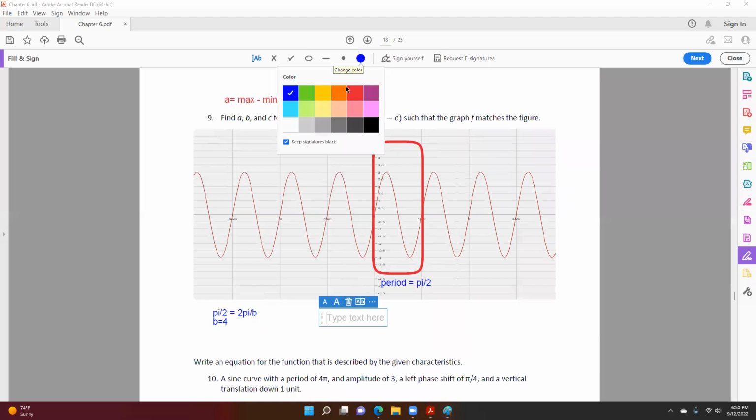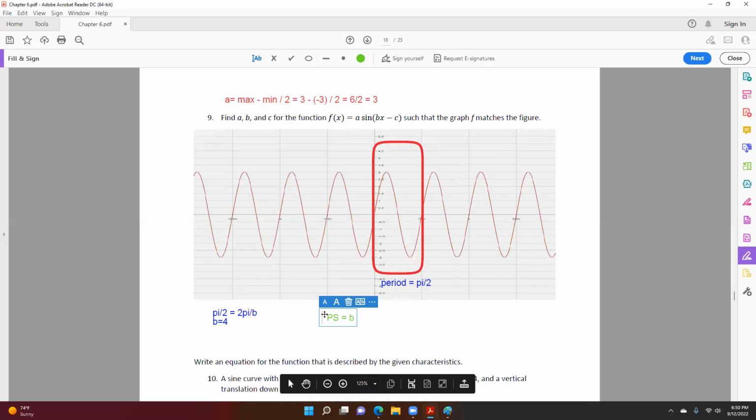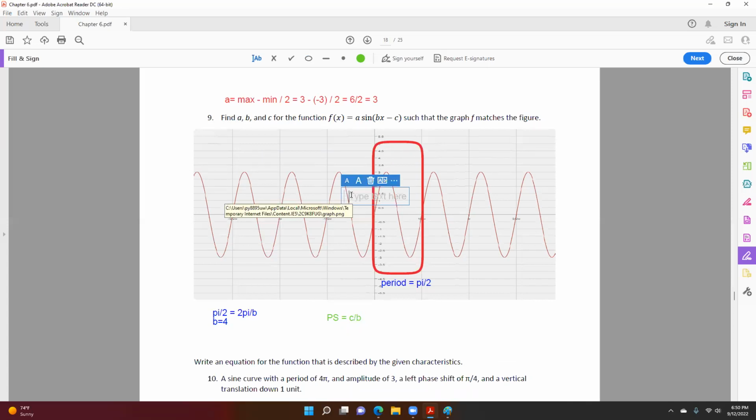The next thing we're going to talk about is phase shift. Phase shift is based on C over B. The good news is we know B. B is 4, so we need to figure out C. How do you figure out phase shift in this graph? If you use this box, you find that the phase shift in this case is 0.